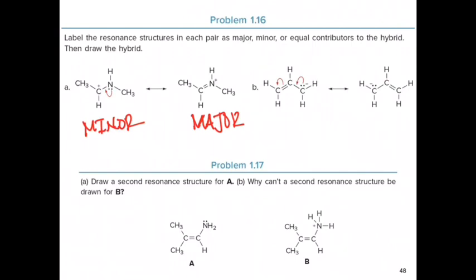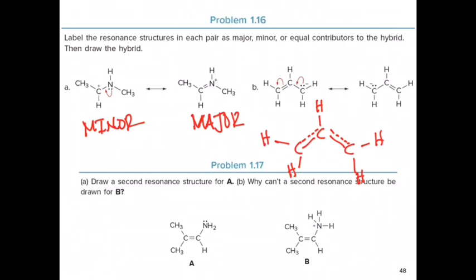So when you draw the resonance hybrid structure, it would look something like this. You have 3 carbons, and you have hydrogens connected to the carbons. And then you have single bonds here. And what you're going to do is draw a dashed bond, because it's basically a partial bond.